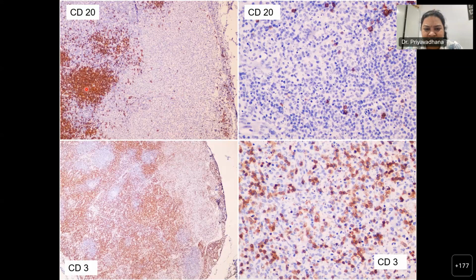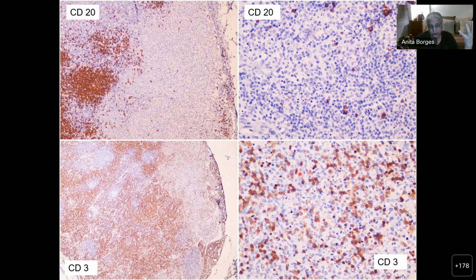This is CD20. This is CD3, so there is a huge CD3 proliferation. CD20 is not; the B cell reaction is very poor. The CD3 reaction is huge, but you see that the pale areas are neither CD20 nor CD3.